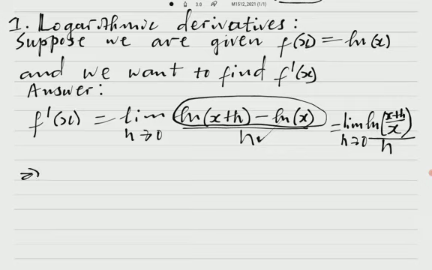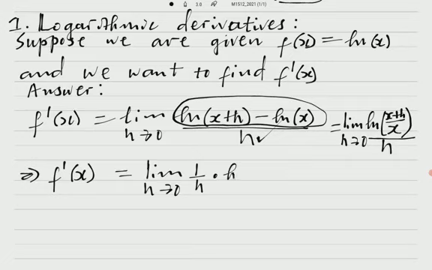Which implies our f prime of x is the limit as h goes to 0, and then put 1 over h this side, and then ln of (x plus h) over x.